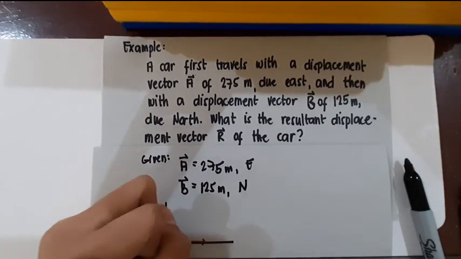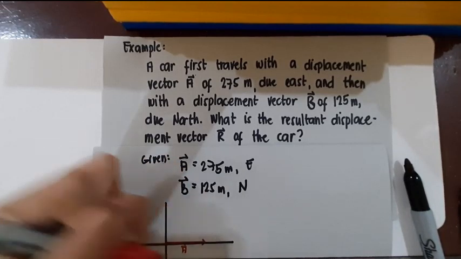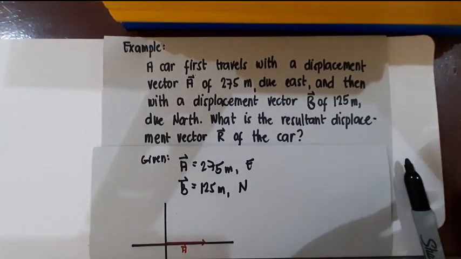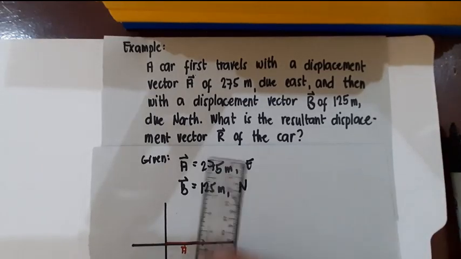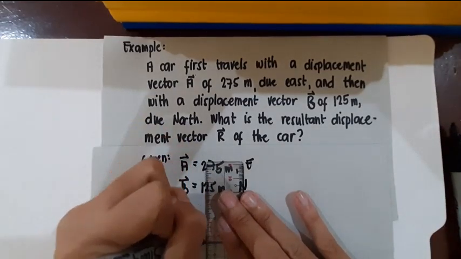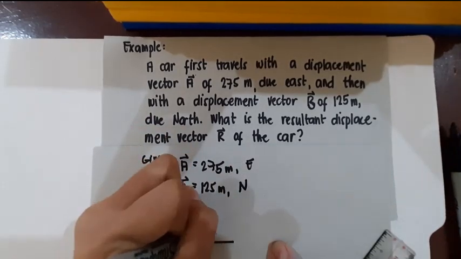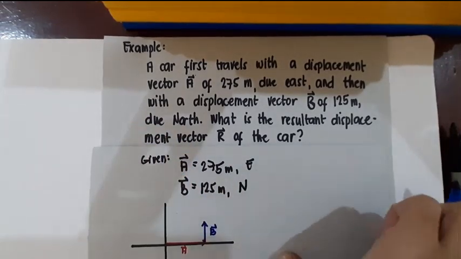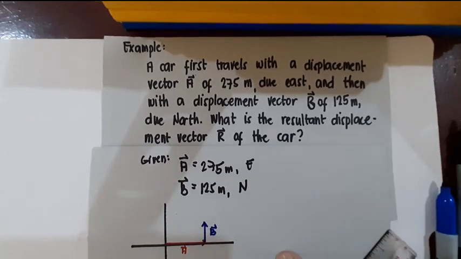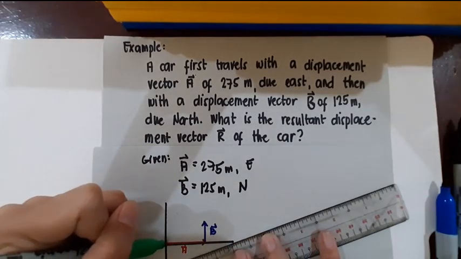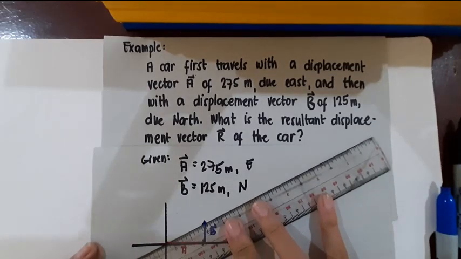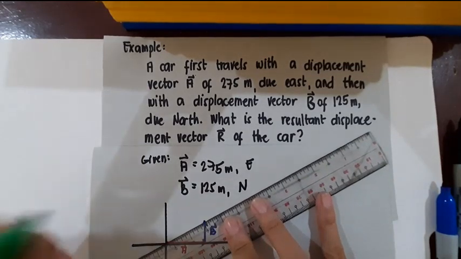Let's say this is your vector A, and then it moves going to the north, 125 meters. So this is B. Now, how to find the resultant vector? The resultant vector is from tail to head.